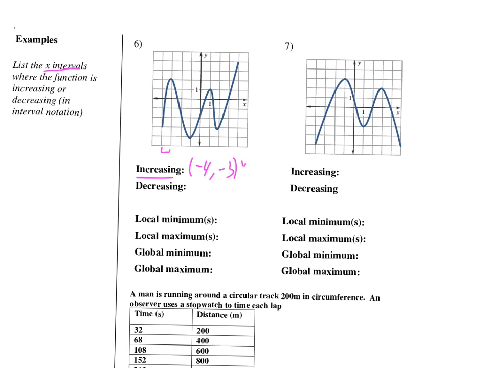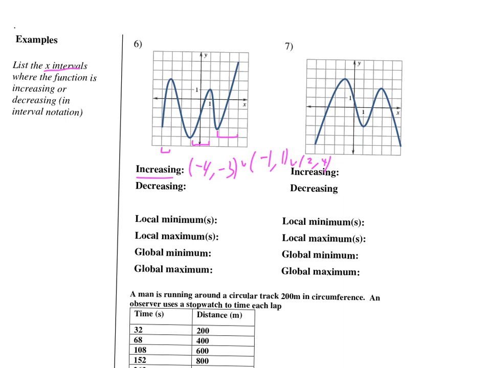And then you can see it switches to decreasing, but then it switches to increasing again right here from negative 1 to 1. And then it switches to decreasing, and then it switches again right here. I think I meant for that to be from 2 to 4. If you say that that's like 1.8 to 4, I kind of agree with you. So I think I meant it to be 2 to 4. All right, so there's my answer for increasing.